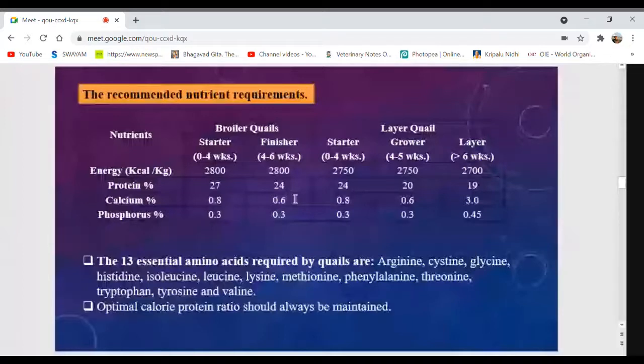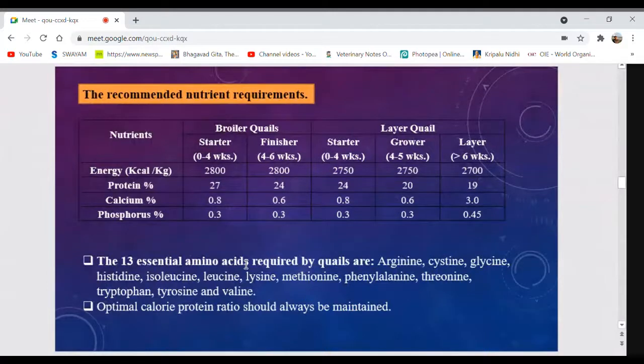Calcium and phosphorus are lesser than the commercial layer or broiler, but try to remember these are not very fixed figures. And another thing you have to remember is that Japanese quails need 13 essential amino acids. For poultry, I told you that they need how many? 11 essential amino acids.